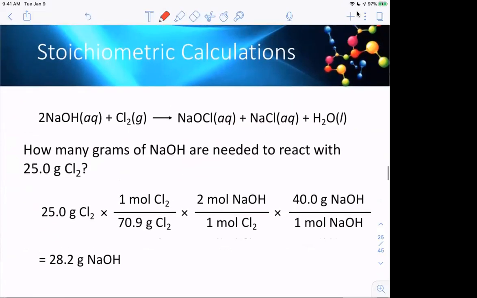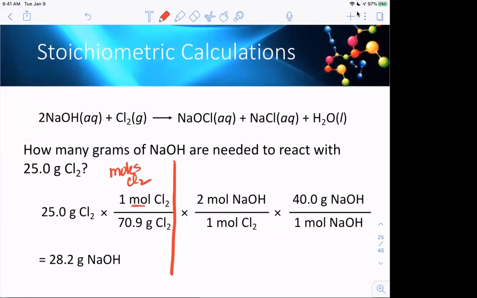So this is the setup, and I'm going to use conversion factors so I can track what cancels and what doesn't. This is my given, 25 grams of Cl2. If I stopped right here, I have moles of Cl2 in 25 grams. But I don't want that.